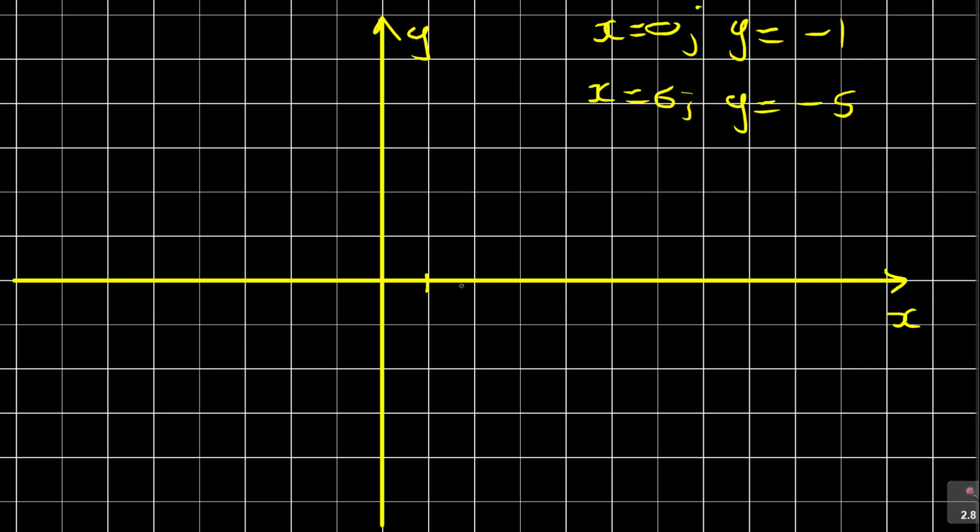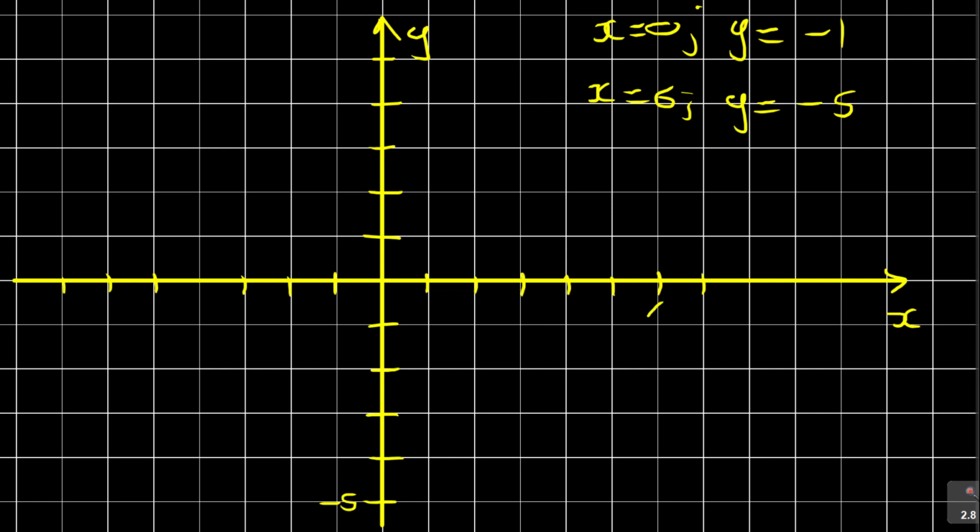So I can make this point 1, 2, 3, 4, 5, 6. This is my -1, -2, -3, -4, -5, -6. 1, 2, 3, 4, 5, and 1, 2, 3, 4, 5. So this is -5, and this is 1, 2, 3, 4, 5.